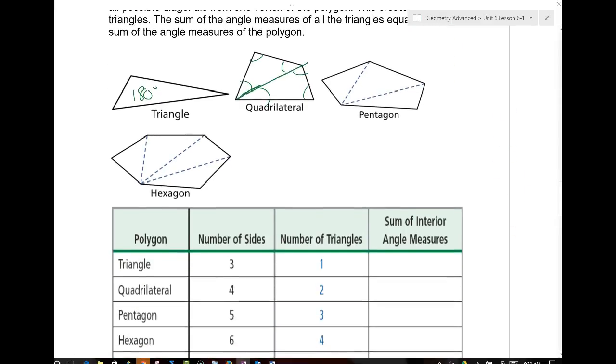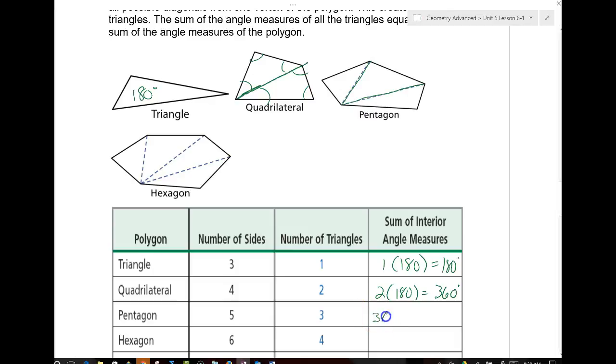Right? So look what happens down here. We can easily make a pattern with this. For a triangle, I have one triangle, and I want to find the sum of its angles. It's going to be 180 times 1, which is 180. How many triangles do you get when you have a quadrilateral? Yeah, 2 times 180. It's going to be 360. Now, here's the other thing. I'm using convex polygons. A pentagon, if I draw the diagonals coming just from one vertex, how many triangles do you get? 3.